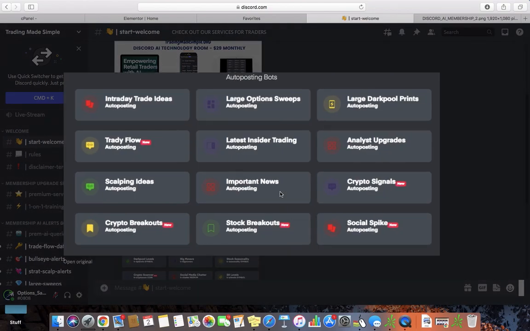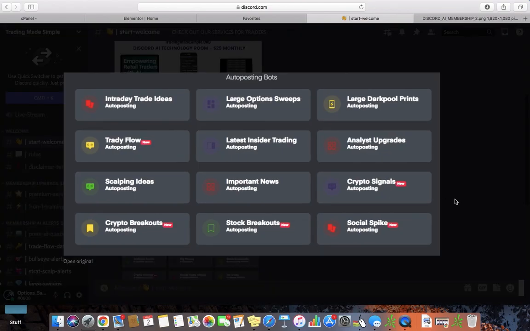All right. So let me just take you over to Discord and show you around a little bit. The first thing I want to show you is that there are a lot of services out there that have bots where you have to input some sort of command to get back some sort of information. What I like about the Discord that I'm providing is that most of the great information that I'm using comes from the auto posting bots, which means that you just go right into the channel and you're able to access the information.